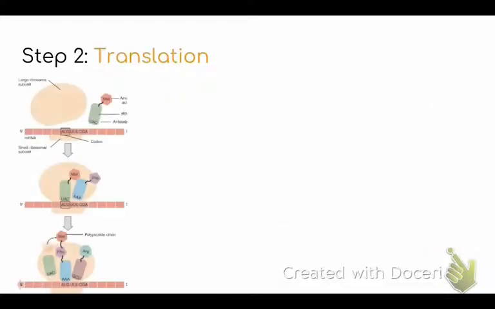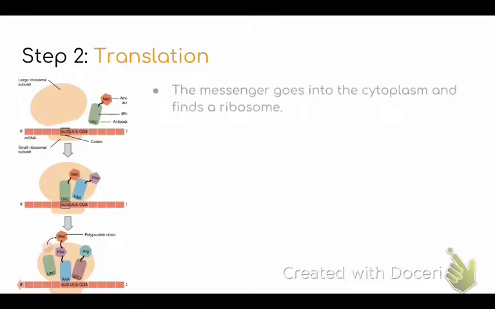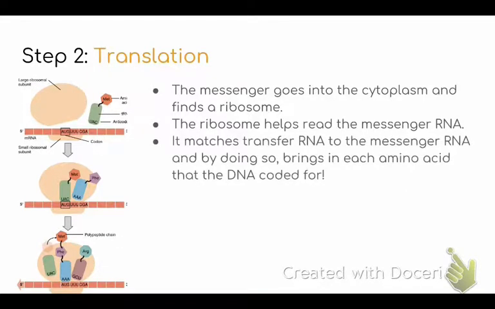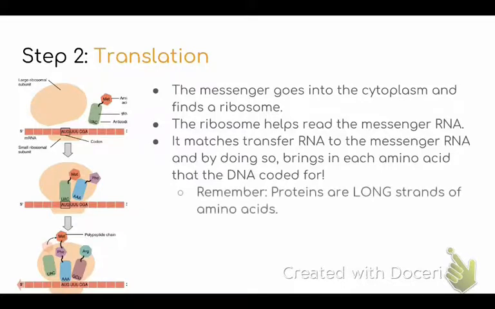Step two is translation. All right, so here's our picture of translation. The messenger that we just made of RNA, the messenger RNA, goes into the cytoplasm and finds a ribosome. The ribosome helps read the messenger RNA. It matches transfer RNA to the messenger RNA, and by doing so brings in an amino acid that the DNA coded for.